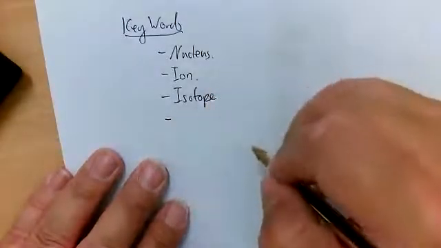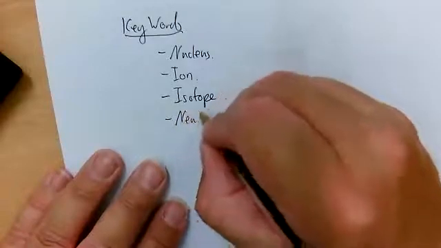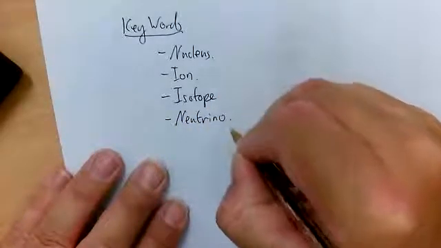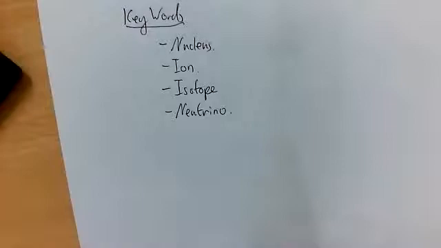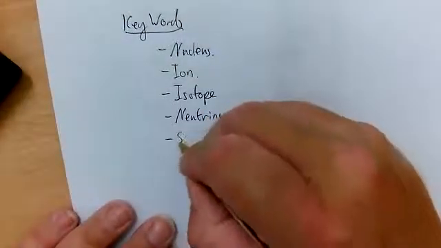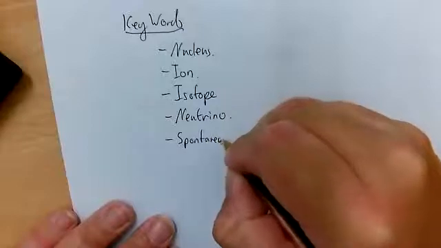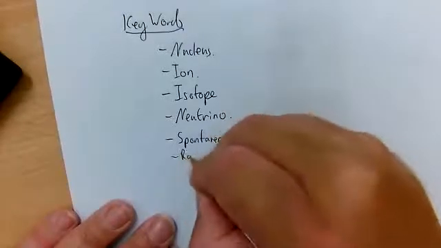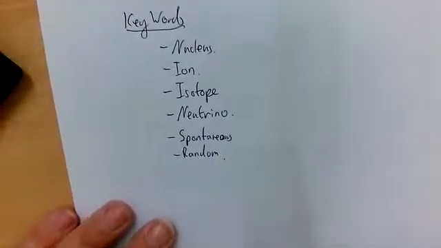We know other key words. We have to know what a neutrino is, and you have to know the properties of the neutrino. We know the words spontaneous and random. Okay, you have to know what those words mean.